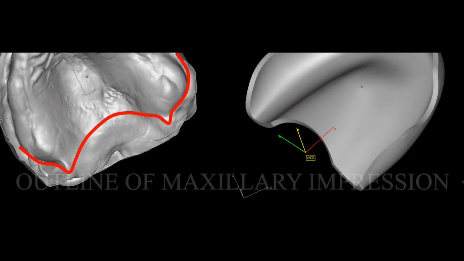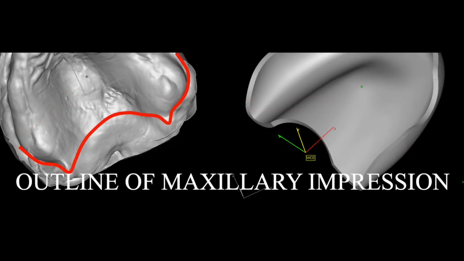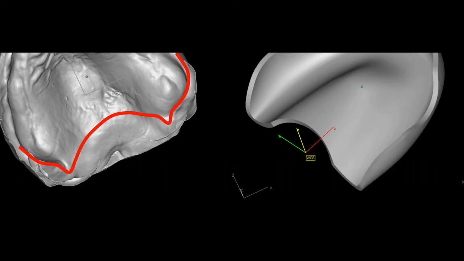So we just discussed the outline of the maxillary impression, starting from the posterior palatal limit and frenulum attachment, and displaceable tissue located on the posterior limit, and the incisive papilla.